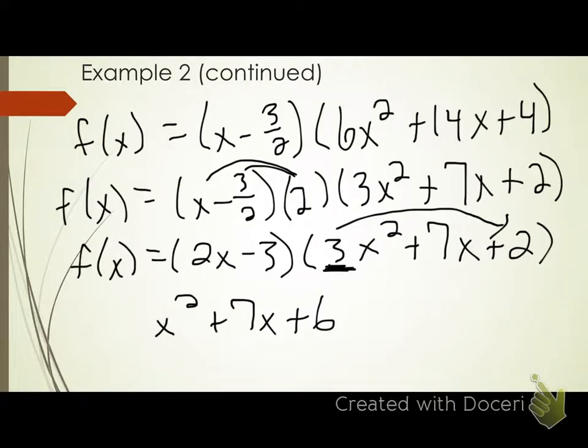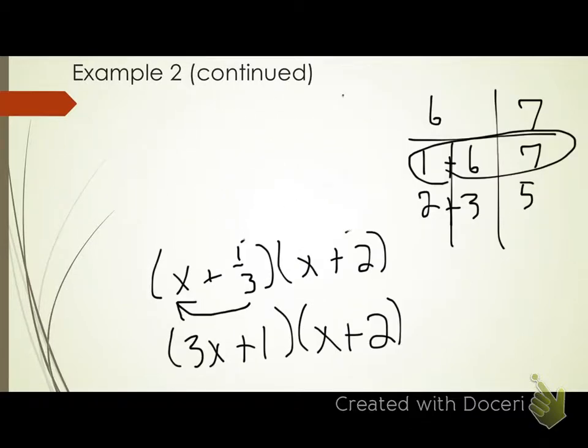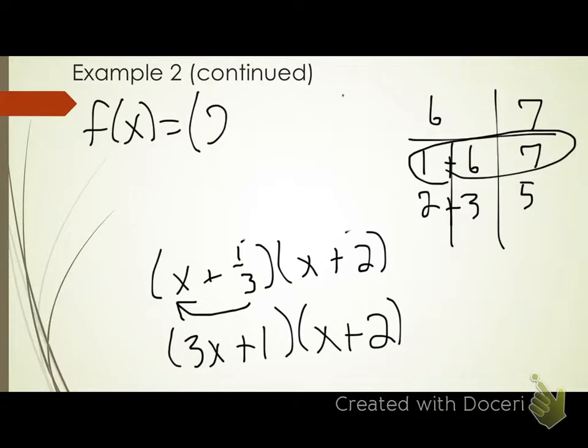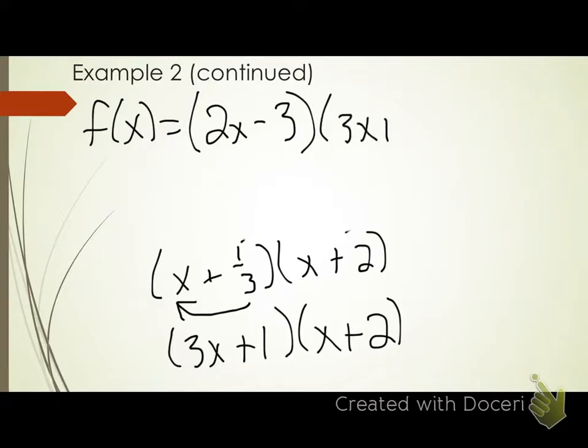So I can go ahead and bring this part over here. So we have f of x equals 2x minus 3, and then we have 3x plus 1, and then we have x plus 2.